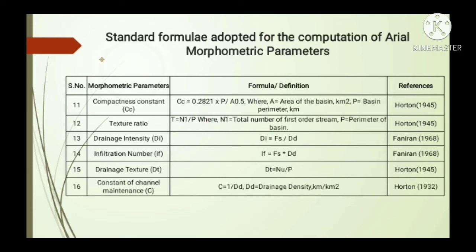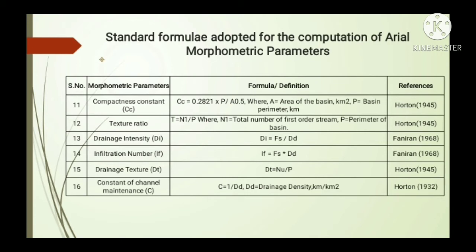The texture ratio is given as the ratio of the first order streams to the perimeter of the watershed. It depends on the underlying lithology, infiltration capacity of the bedrock, and relief aspects of the subbasin. Drainage intensity is defined as the ratio of the stream frequency and the drainage density.